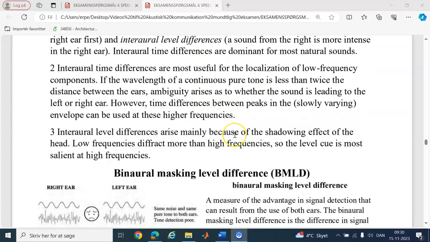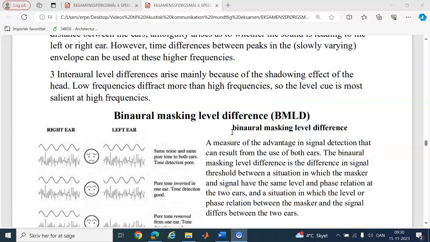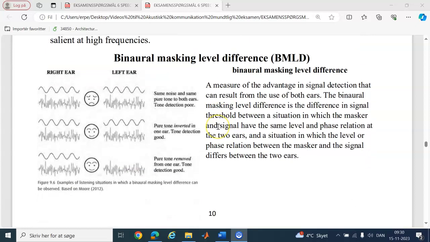Interaural level differences arise mainly because of the shadowing effect of the head. Low frequencies diffract more than high frequencies, so the level cue is most salient at high frequencies.